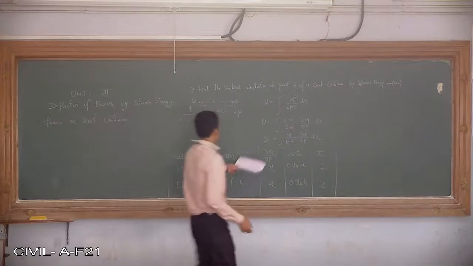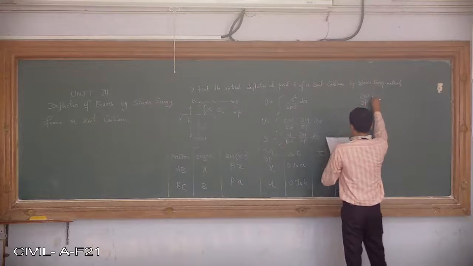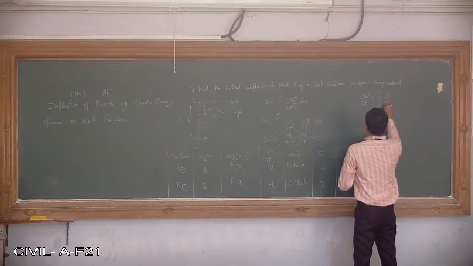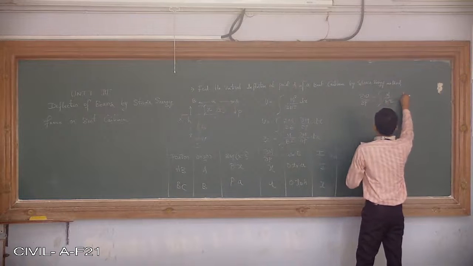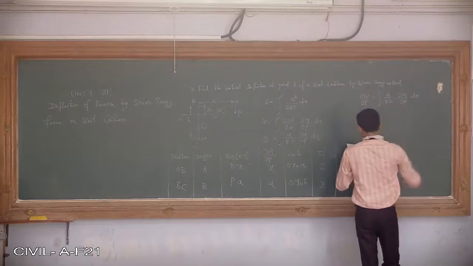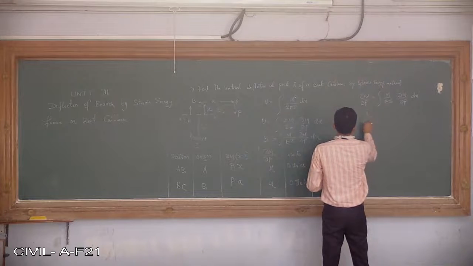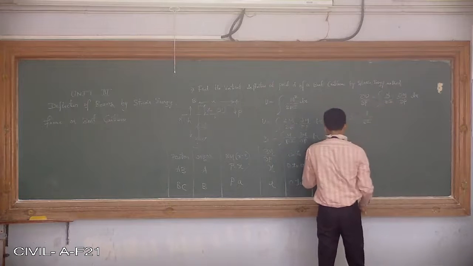Alright. Now I'll use this equation. The strain energy deflection is integration of M by EI dou M by dou P dx. So for vertical deflection, 1 by EI I'll take outside.